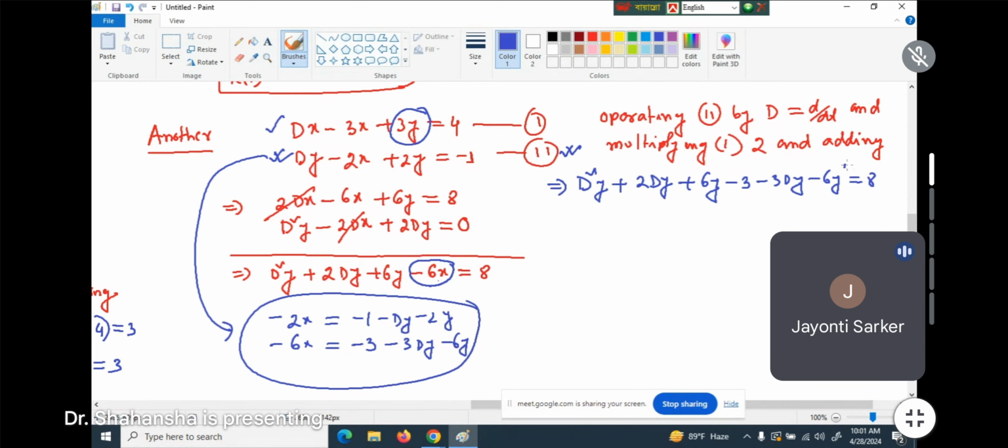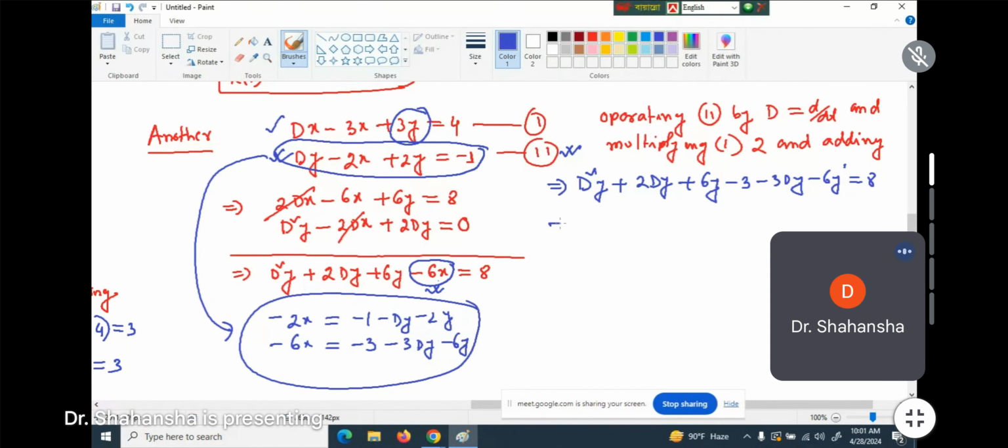Sir, the last two lines you wrote, I did not understand. Sir, here we can find the value of minus 6x from this line we just explained. Minus 2x equal to just 1 minus 6. So we need minus 6x, so we multiply by 3 on both sides. Are you clear now? Yes, sir.